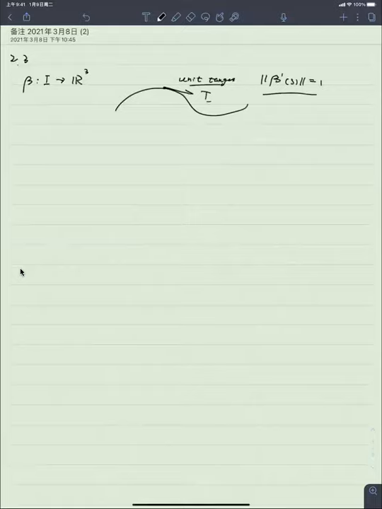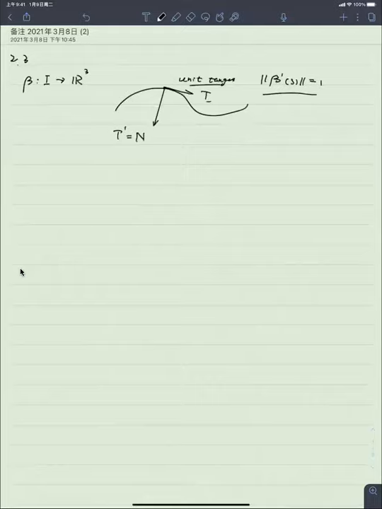The derivative is not zero because this is not just a real-valued function. So the T derivative is N.